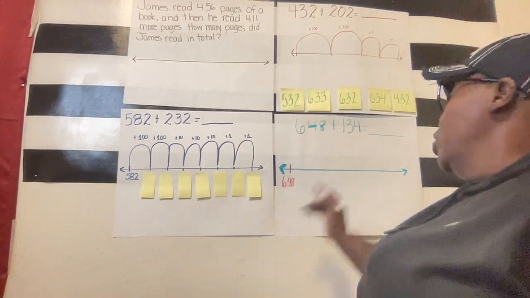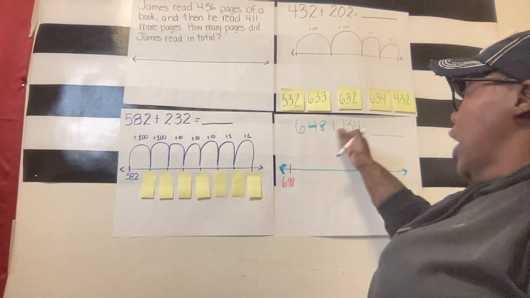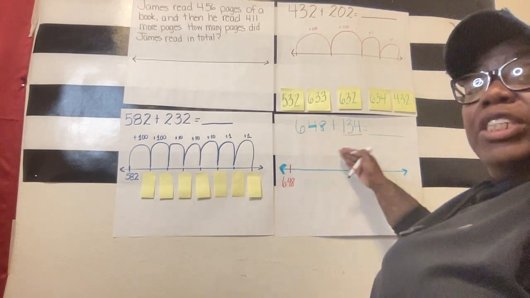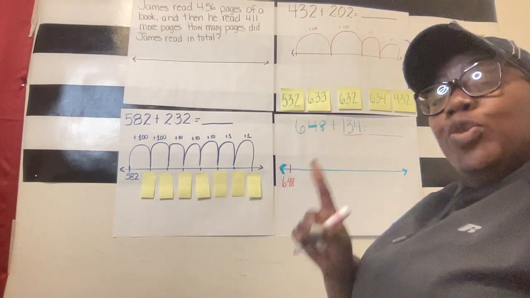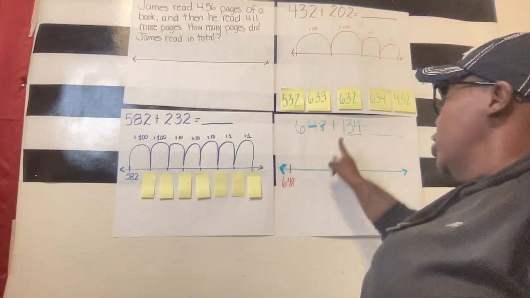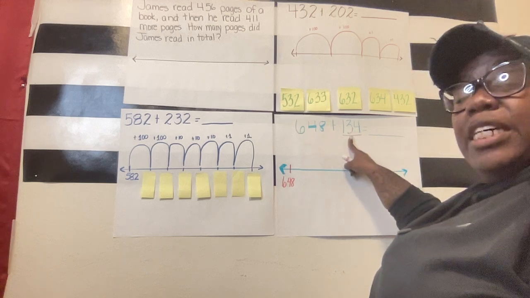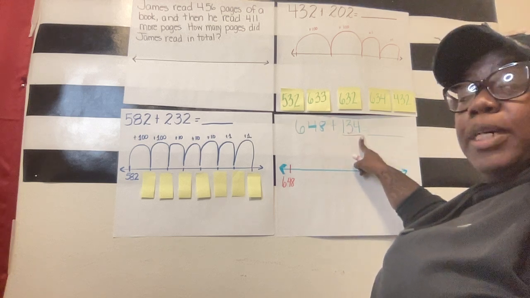The next thing you would do is with the 134, you're going to add that 134 by making the jumps on the number line using the numbers in their place value. So here you have 1 in the hundreds place, 3 in the tens place, 4 in the ones place.